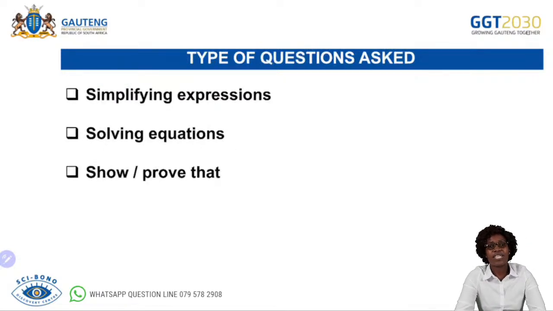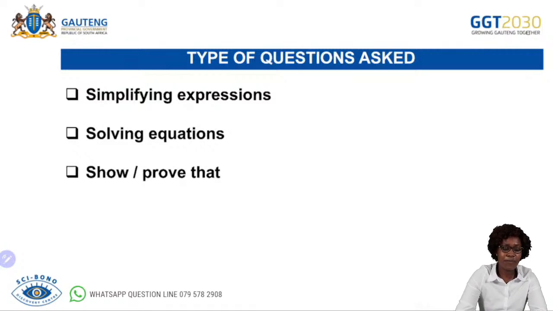But today's focus is mainly on making sure that we all understand what a logarithm is, that we're comfortable with it, as well as how to do the calculations. The types of questions you can expect to see in your papers are simplifying expressions that involve logs, solving equations, or the type we saw in the previous lesson where we need to show or prove.